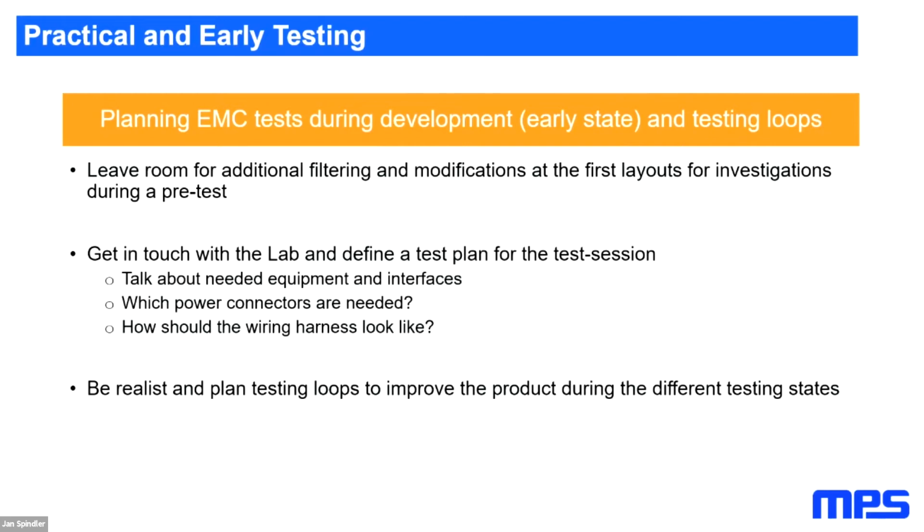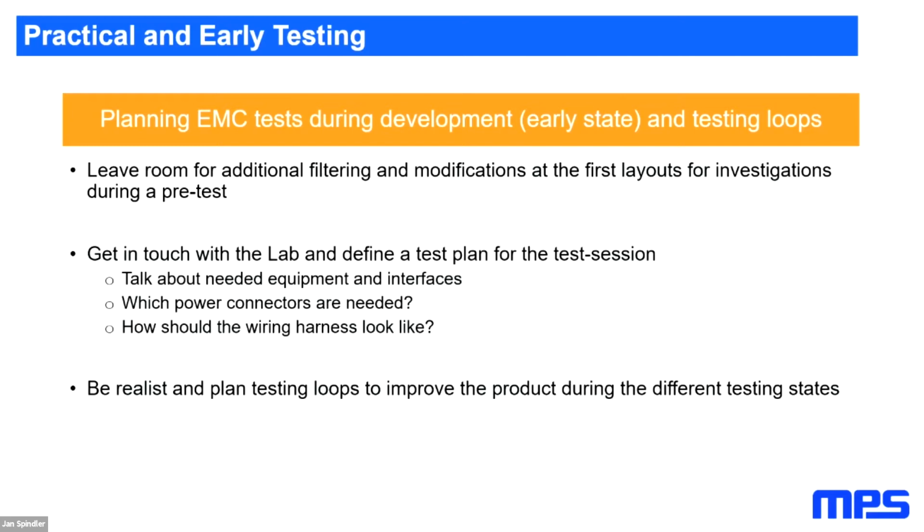So it always depends on the layout, because as Arturo said, a lot of things make the EMI what it is as a whole system. It's not only the schematic, not only the layout, not only the housing or something like this, it's the whole system.